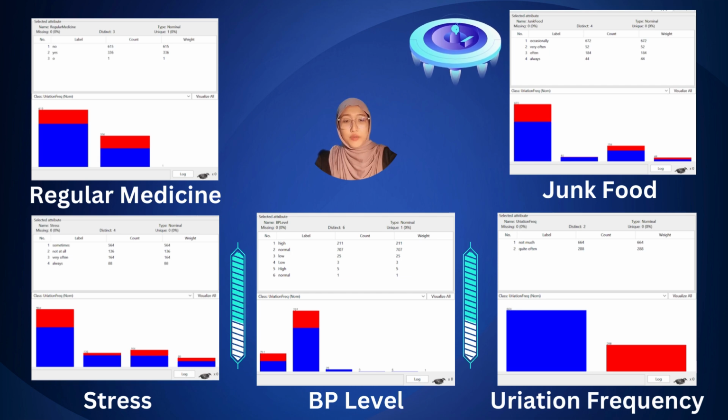Higher consumption of junk food is linked to diabetes, stressing the importance of a healthy diet. High stress levels correlate with more diabetes cases, showing the impact of mental health on physical health. High BP level shows a significant correlation with diabetes, underlining the need for blood pressure management. Increased urination frequency is a common symptom among diabetics, which can be used as an early indicator for diagnosis.